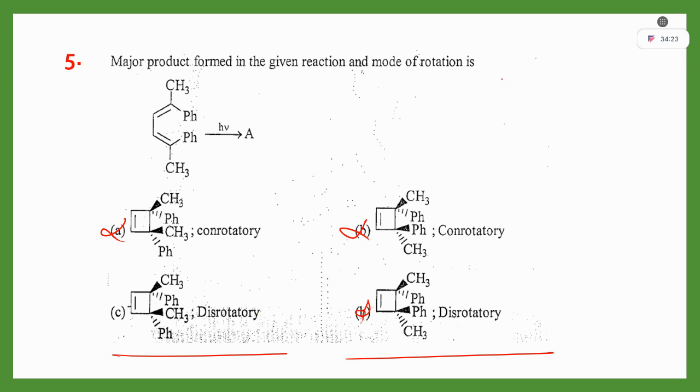C and D. See, if you draw this diene like this, so let's say CH3 is there, Ph is there, Ph is there, and CH3 is there. I can't draw like this Ph.